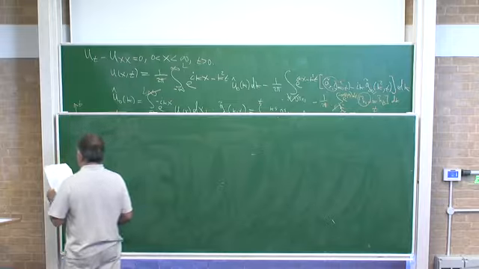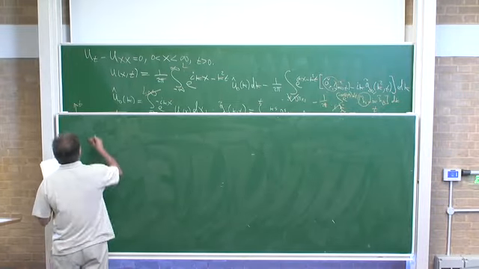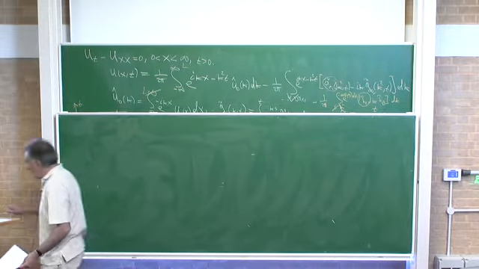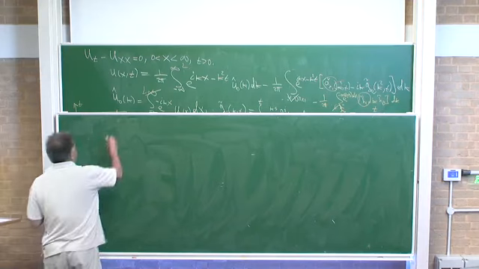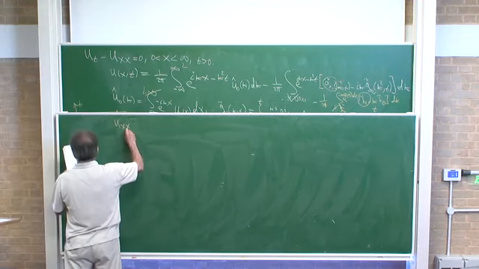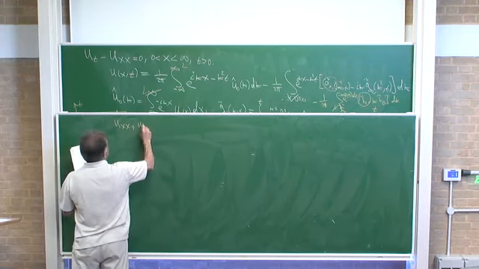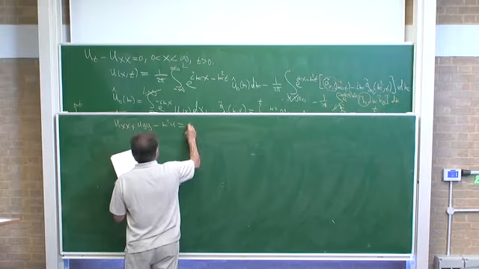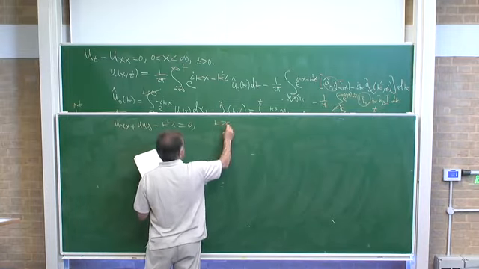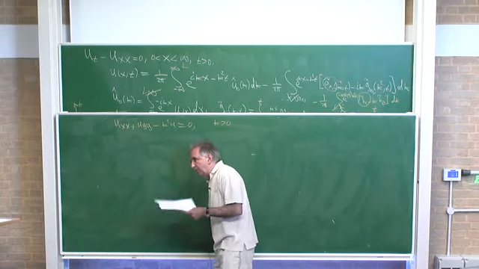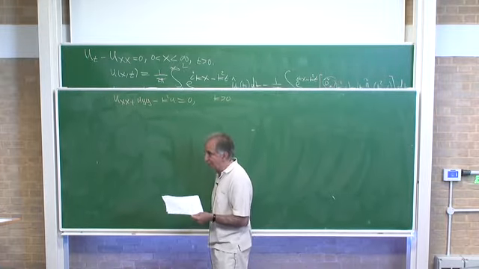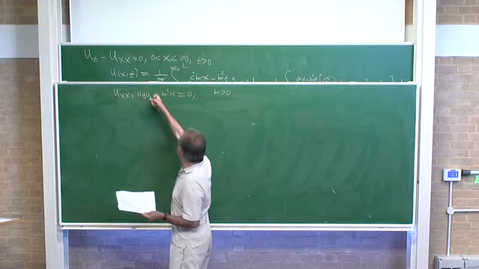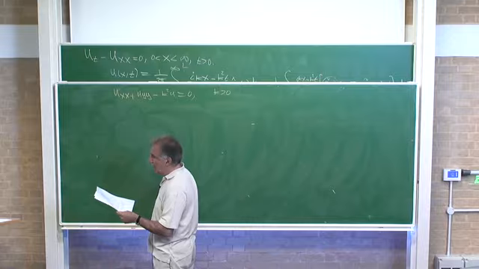So I write down the modified Helmholtz, and the next step is I will give you some introduction to this problem. So u_xx plus u_yy minus k squared u. This is the modified Helmholtz. k is greater than 0. From now on lambda will be my spectral parameter, because k is usually used for this. Okay? So this is the modified Helmholtz. If I had plus, it would be Helmholtz.